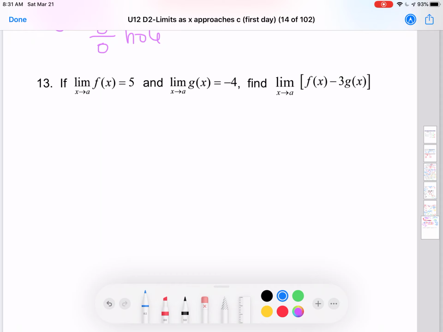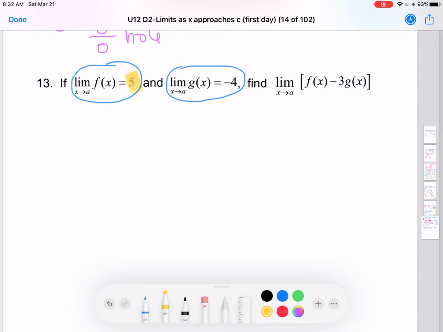Okay, so this is a substitution question. It says if the limit of f of x as x approaches a is 5, so I'm giving you the answer to this one, and the limit for g of x as x approaches a is -4, then I want you to find the limit as x approaches a of f of x minus 3 times g of x. Okay, so look, it's just substitution.